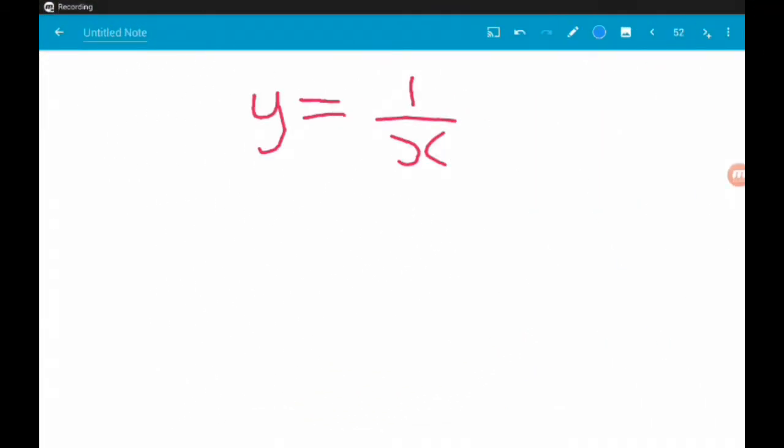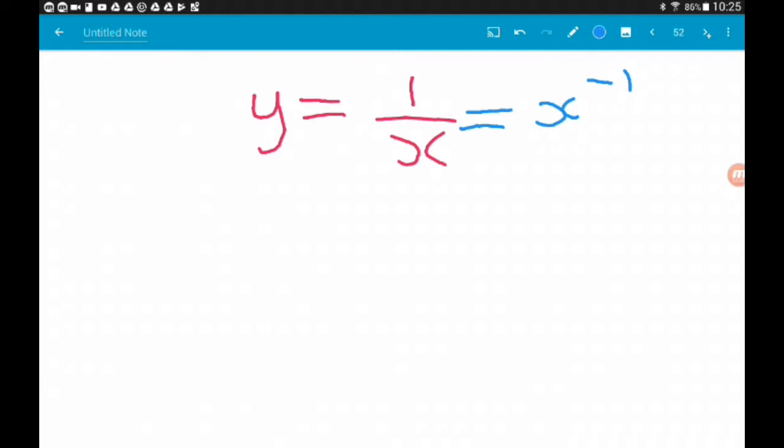So when this does get a little bit scary is when we're dealing with either negative or fractional powers. So here we've got y equals 1 over x. So again we want to find the second derivative. So we need to write this in power form first of all. So 1 over x is x to the minus 1.